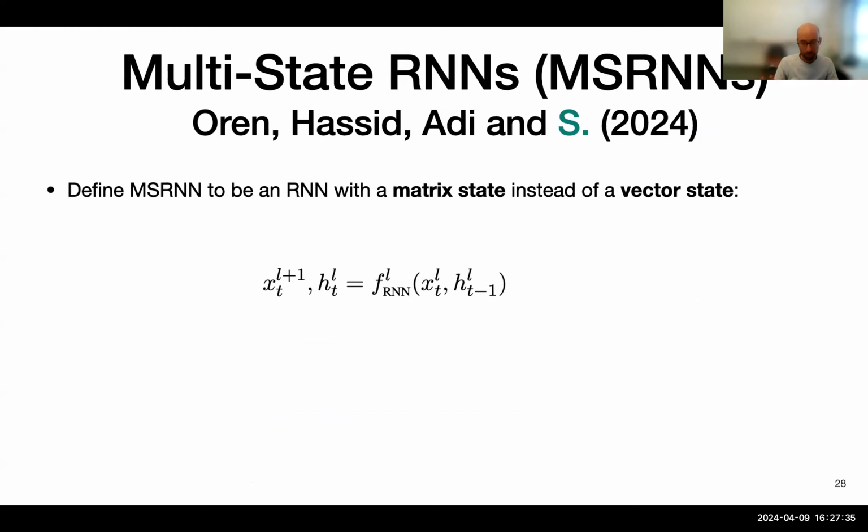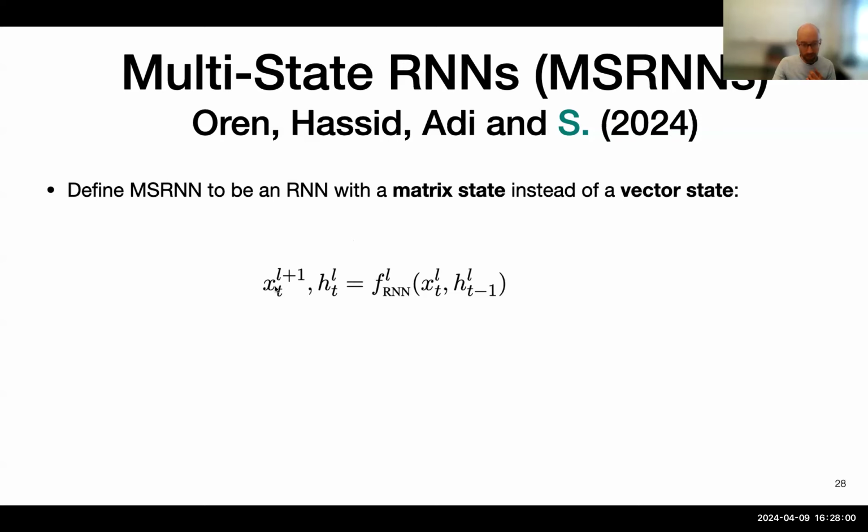So after this introduction, I hope it was relatively clear, I want to move to our contribution, which is an expansion of a standard RNN from regular RNN to what we call multi-state RNN or MSRNN. So now let's define an RNN that, instead of working with vector states, works with matrix states.